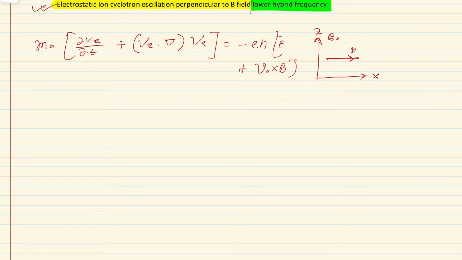As now we are considering ions, instead of small m we are going to take capital M, which is the mass of the ion, and instead of ve we will write vi. And this minus will be plus in this case, because the charge of the ion is positive. So this is the equation of motion for ion. Let me rewrite it clearly.